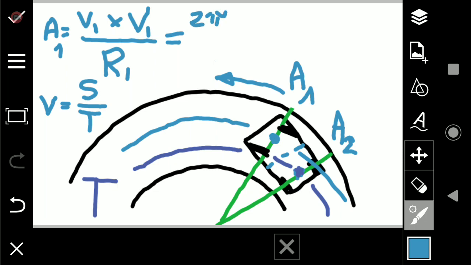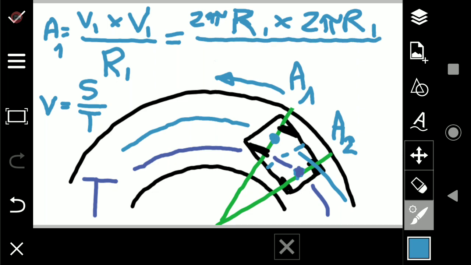2 pi r1 multiplied by 2 pi r1. Everything will be divided by t, and everything will be divided by r1.